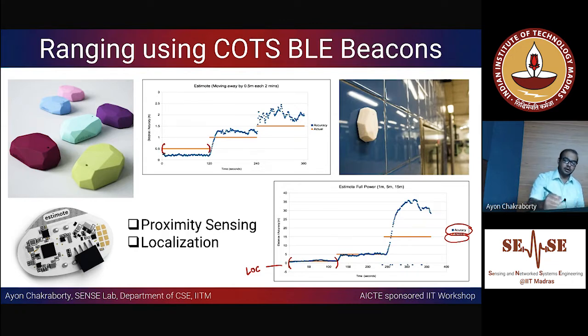This is what is shown, 0.5 meters. In this case, this location was 5 meters, and in this case the location is 15 meters. And as you see, the accuracy is going to be very poor at higher distances.